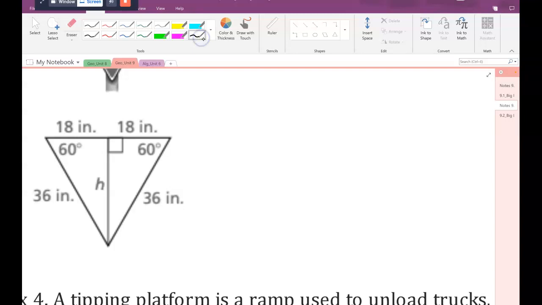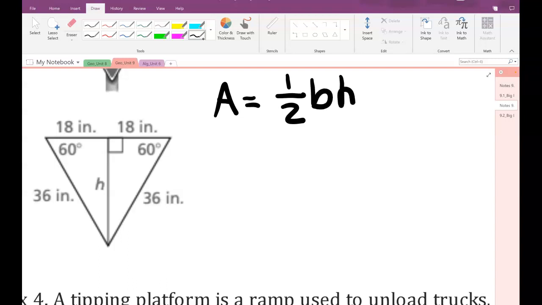So we have to remember one thing to start. The area of a triangle is equal to 1/2 of the base times the height. We don't know what h is, so we have to solve for h. In this triangle, just separating it off of the picture, the hypotenuse is 36, and this is side h.